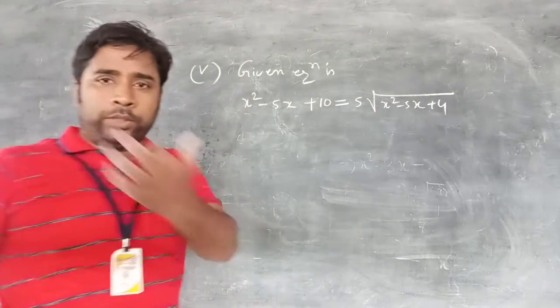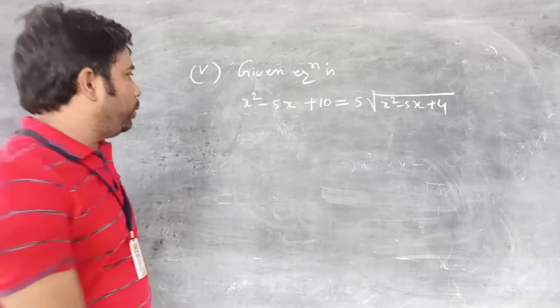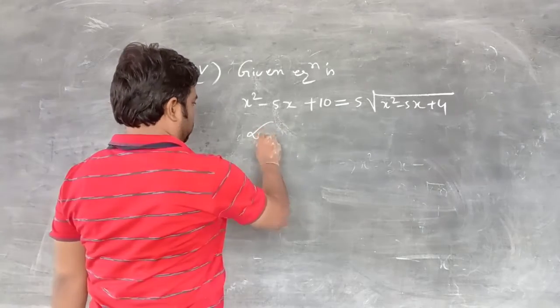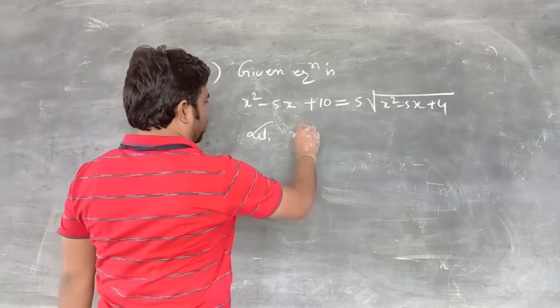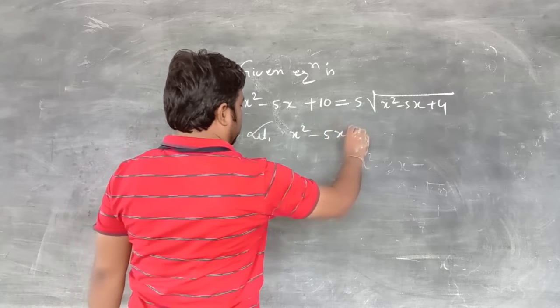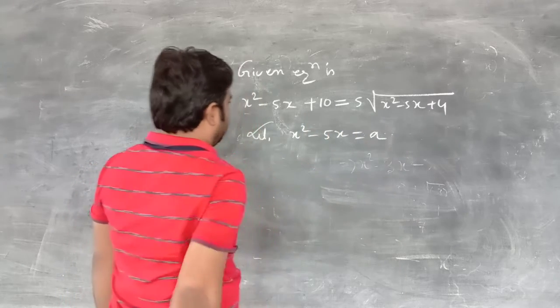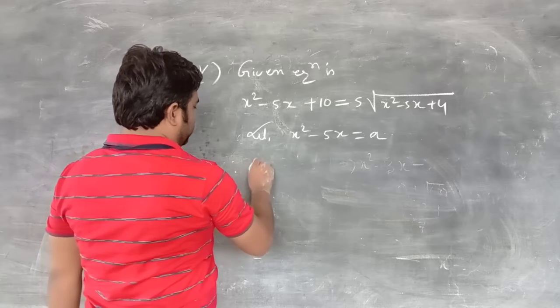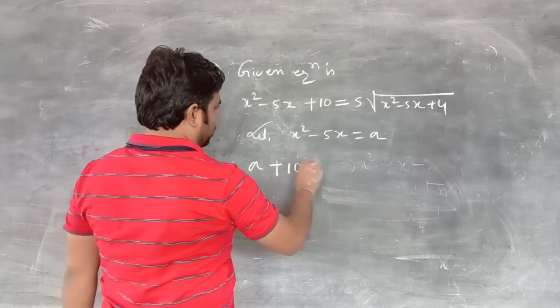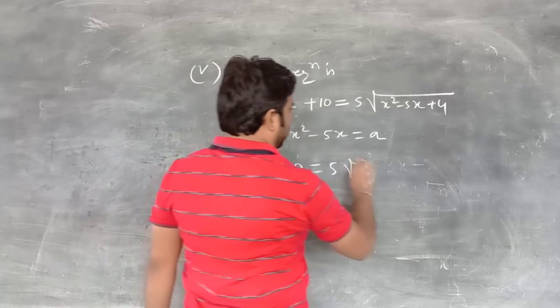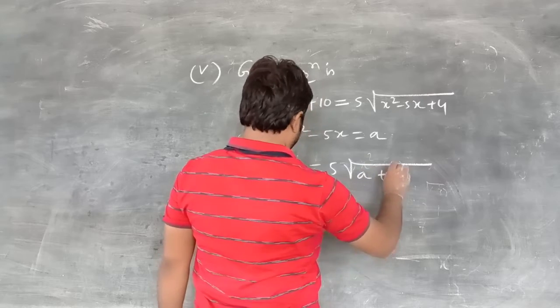So here we shall consider the common part as y again. So let x square minus 5x equal to a. So what shall we write here? So this is a plus 10 equal to 5 root over a plus 4.